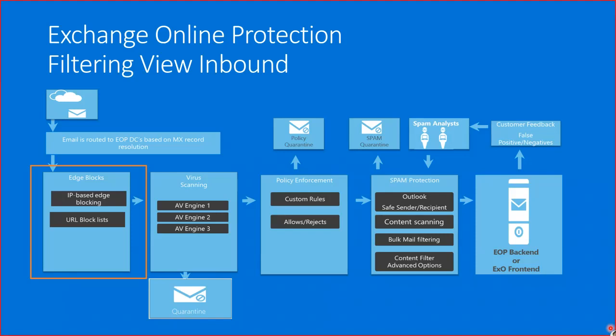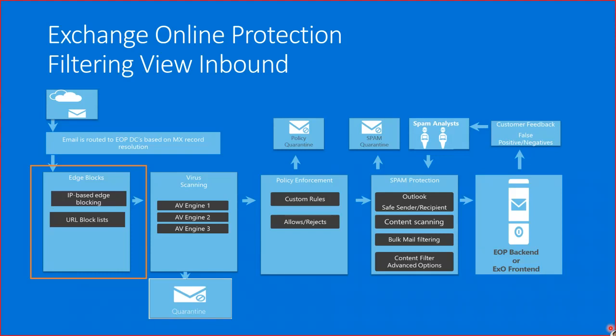The block list is where we try to eliminate most of the unwanted messages, and that's where most of the decisions are taken, whether a message should be let in or sent to junk. Those decisions are made at this phase.